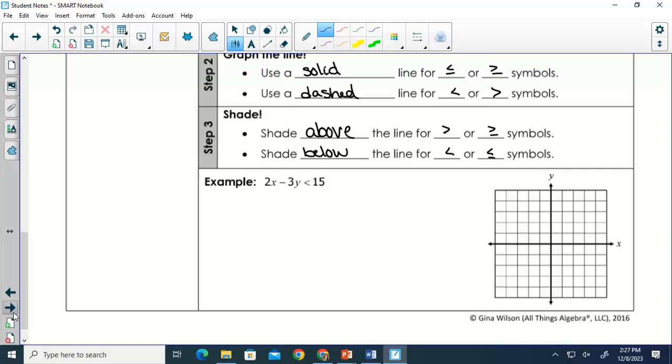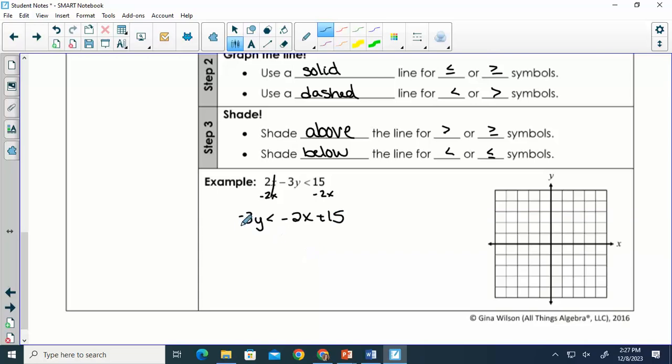Alright, so now let's just solve one and see what happens. So first we're going to pretend like this were an equal to. If we want to graph it, we have to get the y by itself. So what would I do first? So negative 3y is less than negative 2x plus 15.